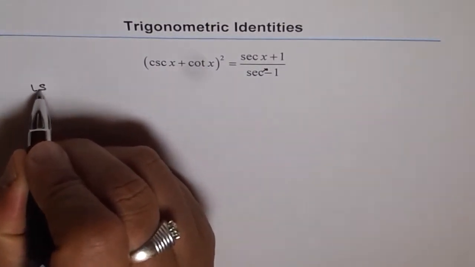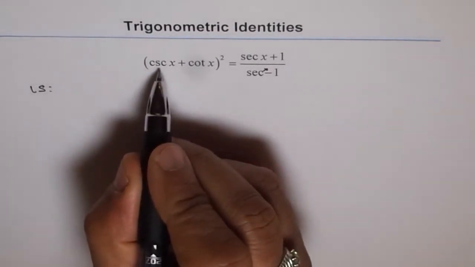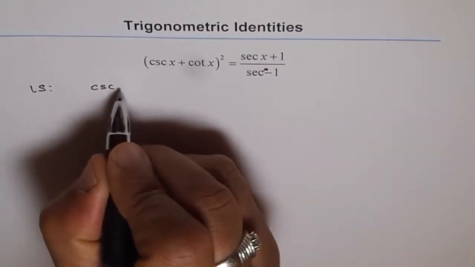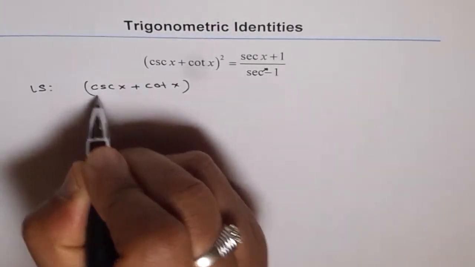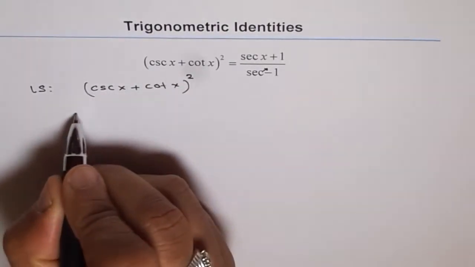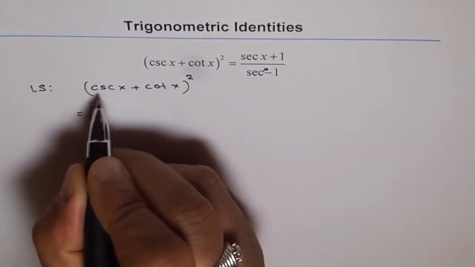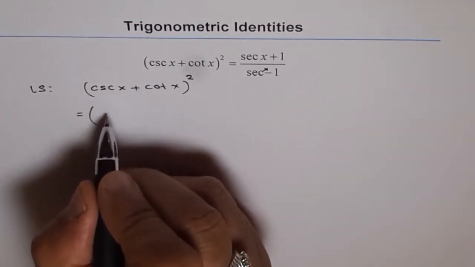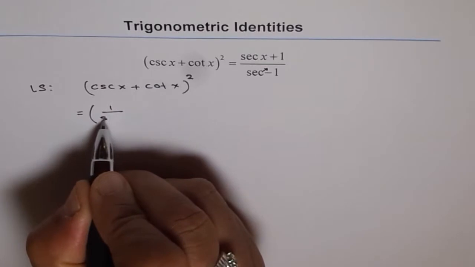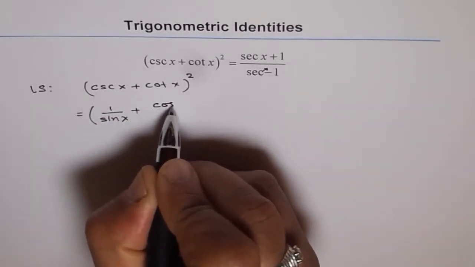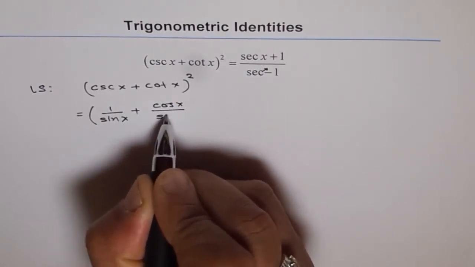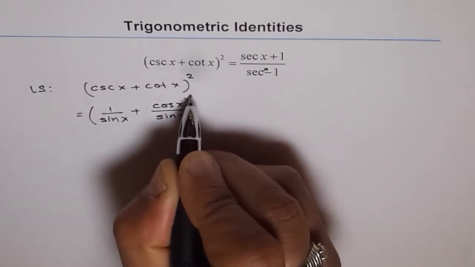So the left side is equal to cosecant x plus cot x whole square, right, on the left side. Now this can be simplified, and we can write cosecant x as 1 over sine x plus cot x as cos x over sine x, whole square.